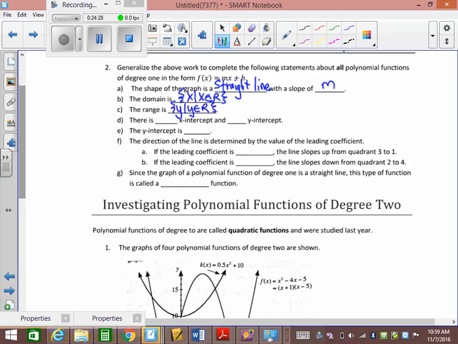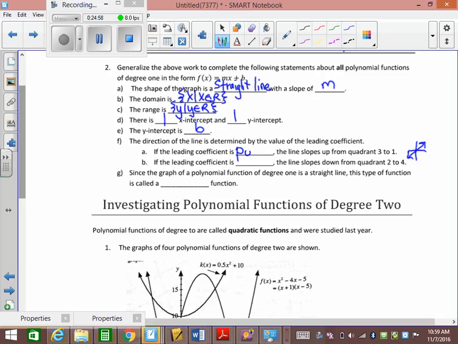There is one x-intercept and one y-intercept. The y-intercept of f of x equals mx plus b is what? B. The direction of the line is determined by the value of the leading coefficient. If the leading coefficient is what, the line slopes from quadrants 3 to 1?